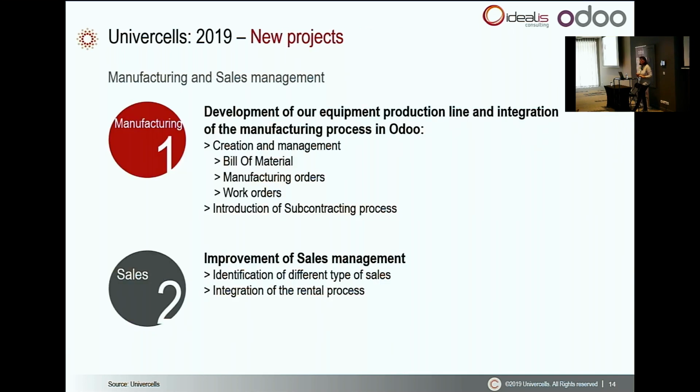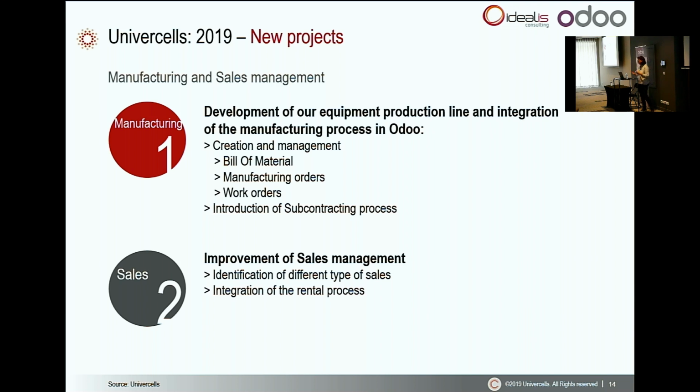New projects. We have two new projects. They are now in place and running for the moment. It's the manufacturing project and the sales project. So after the end of the migration to a new version of Odoo with Studio, so it's really easy to customize views quickly and to add some features, we decided to start this project, the integration of the manufacturing.